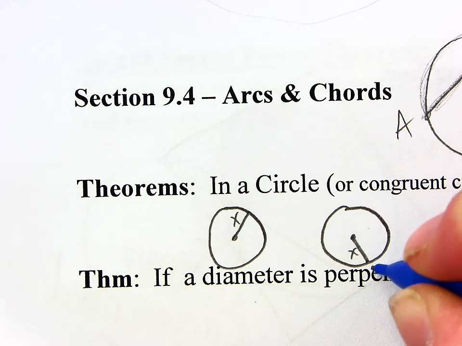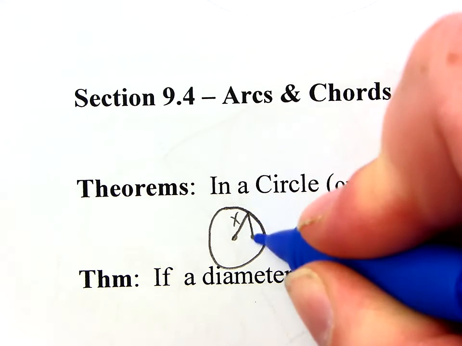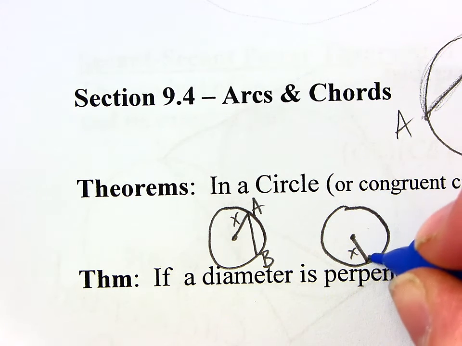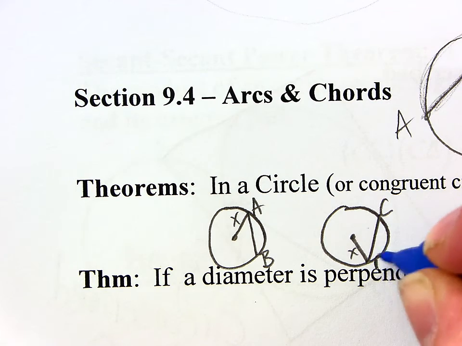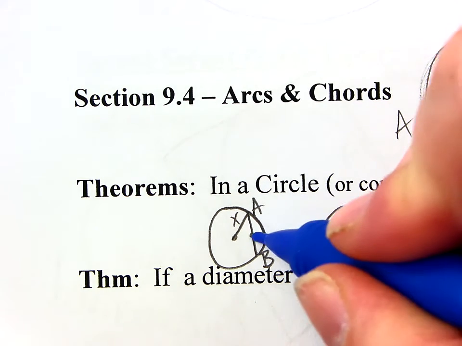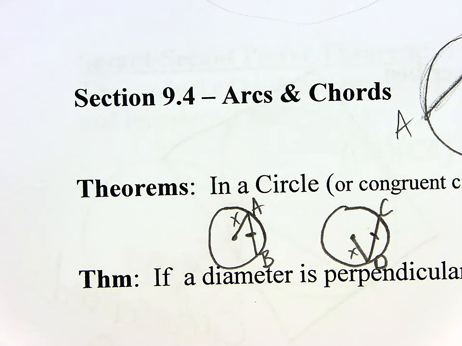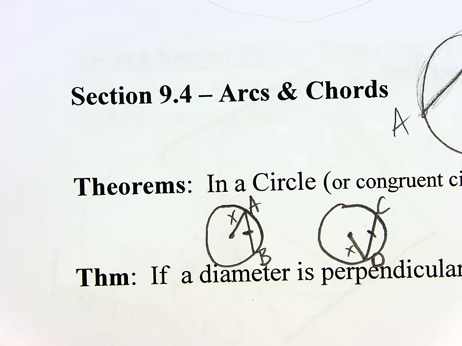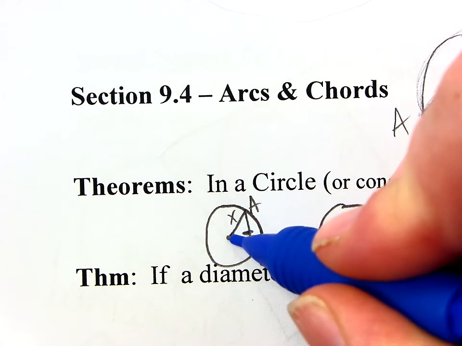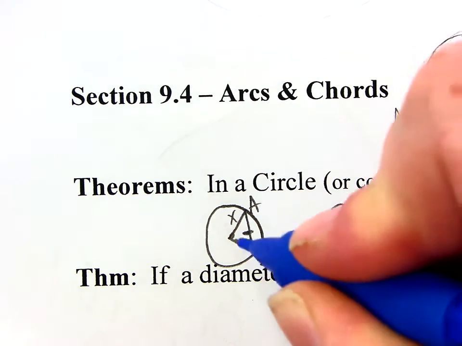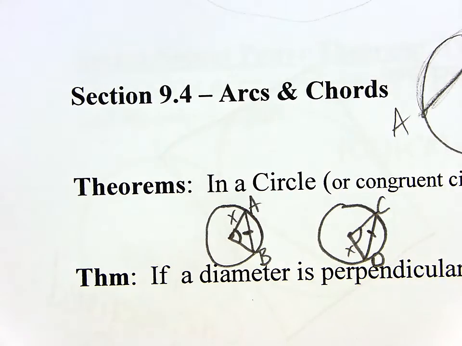Say I had chord AB and chord CD. If I knew that AB and CD were congruent to each other, I automatically get arc AB is congruent to arc CD, and their central angles would also be congruent. So that angle and that angle would be the same.